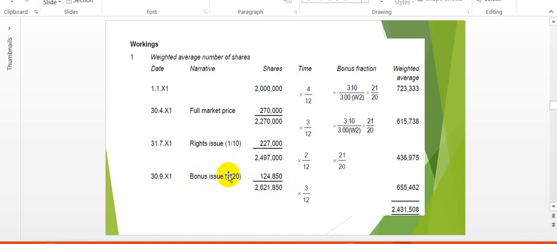It was a 1 for 20, so meaning you had 20 shares, you get one more, you now have 21. So that is the 21 over 20 there. So this 21 over 20, we are going to apply it retrospectively to the months before the bonus issue, which is this one here, that one there, and that one there.